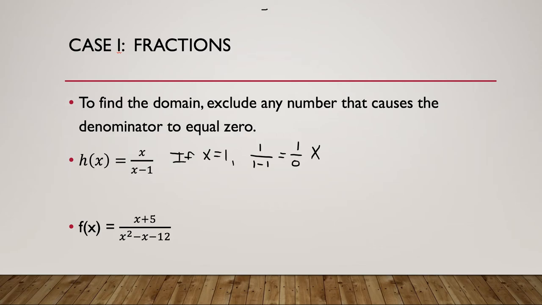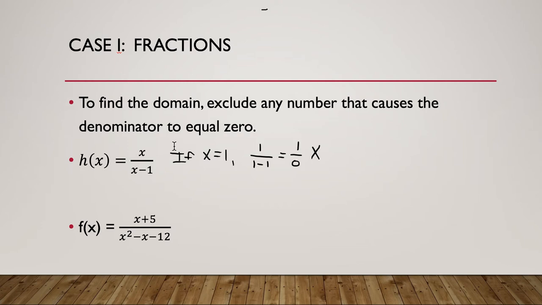So when you write your domain, what you want to say to yourself is that every x value is fine except the positive 1. Because if positive 1 goes into that function, you're going to end up with something that's undefined. You're going to end up with that 0 in the denominator.